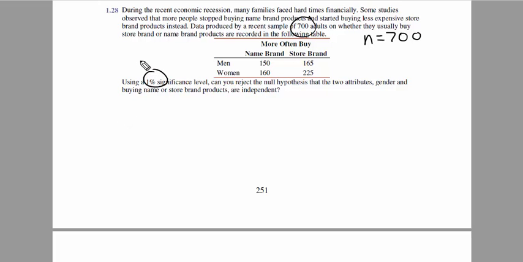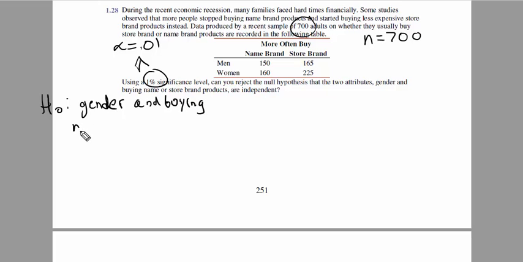So using a 1% significance level, alpha is 0.01, can you reject the null hypothesis, H0, that the two attributes, gender and buying name brand, are independent?